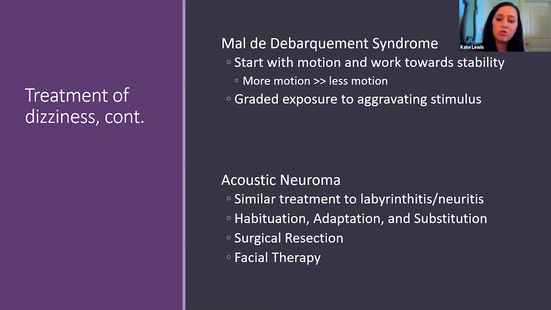When we're talking about an acoustic neuroma, that treatment is very similar to a labyrinthitis or neuritis. It presents like a hypofunction, and so we're going to treat it very similarly to that. If it gets to a point where it's continuing to cause issues and folks aren't getting better, then surgical resection may be considered.